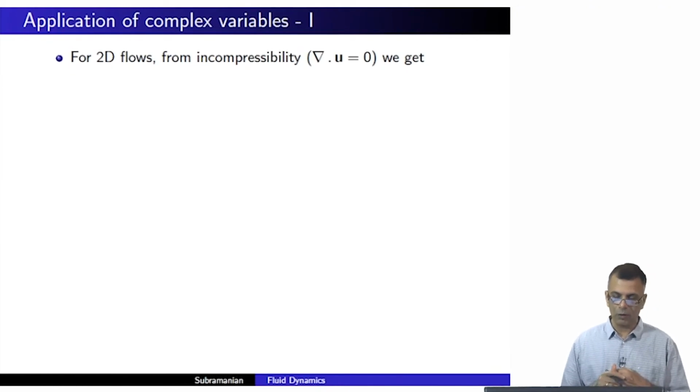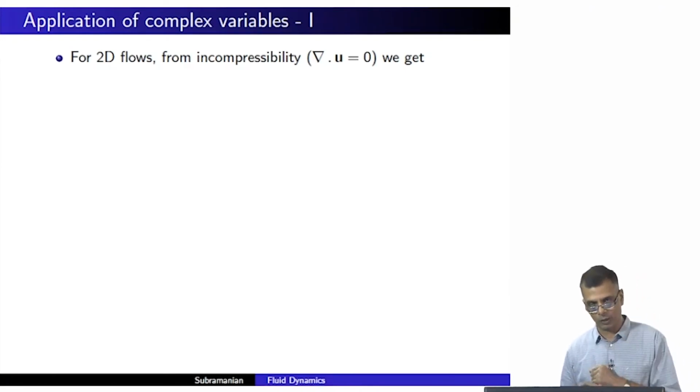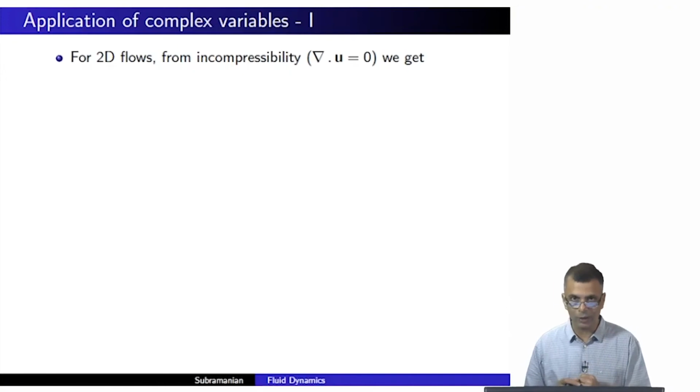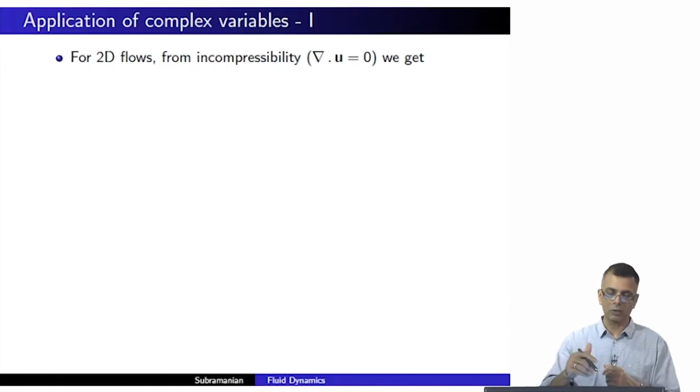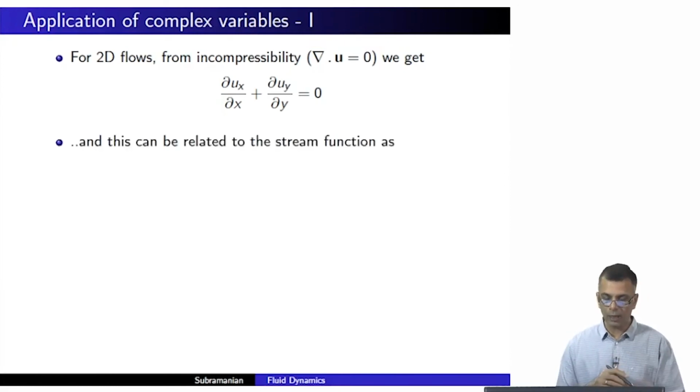For two-dimensional flows, from incompressibility, remember we are talking about an incompressible, irrotational, inviscid fluid. If you want to restrict yourself just to two-dimensional flows, this is essentially the same as this. It's simply the definition, and this can be related to the stream function as this.